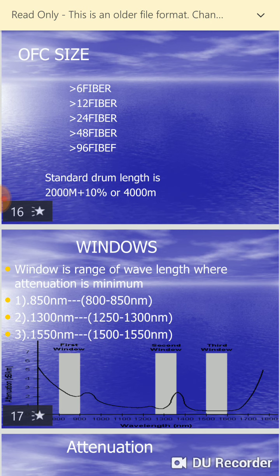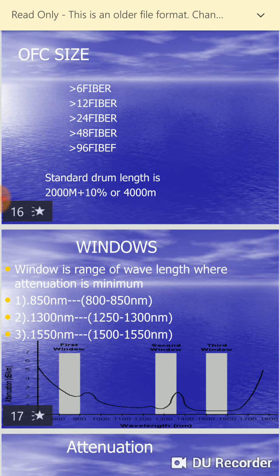Second window is 1250 to 1300 nanometer, or we can say it is 0.13 micrometer. And third it is 1500 to 1550 nanometer. So third window is in this particular range. So these three windows are there in which the attenuation is minimum.